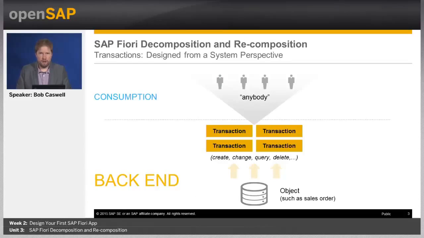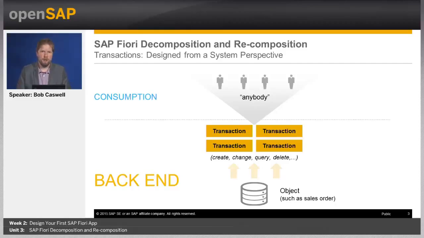Okay, many years ago, when key SAP systems were initially designed, they were primarily architected from a system perspective. That is, there were a bunch of objects, and on top of those objects, a bunch of transactions were created so that any user or group of users could operate these objects with functions like create, delete, view, and so on.